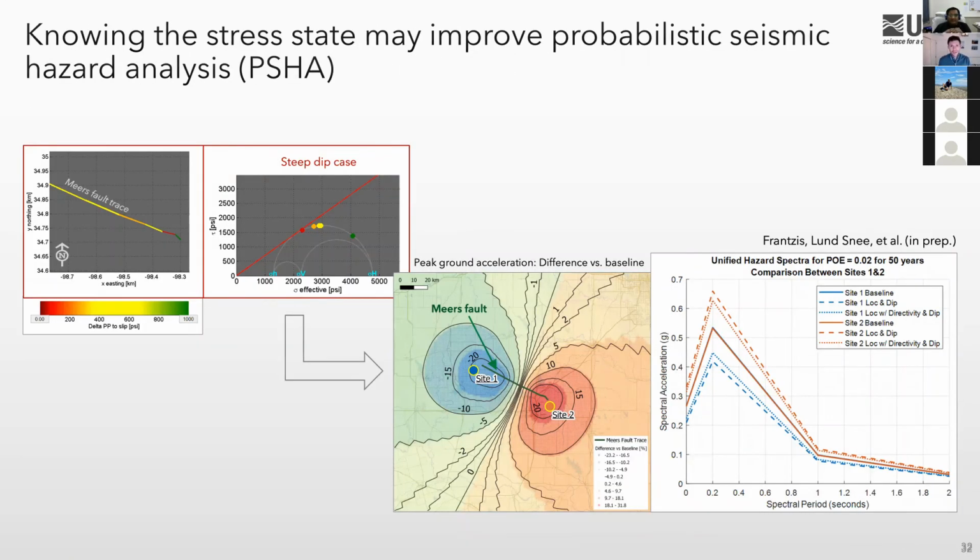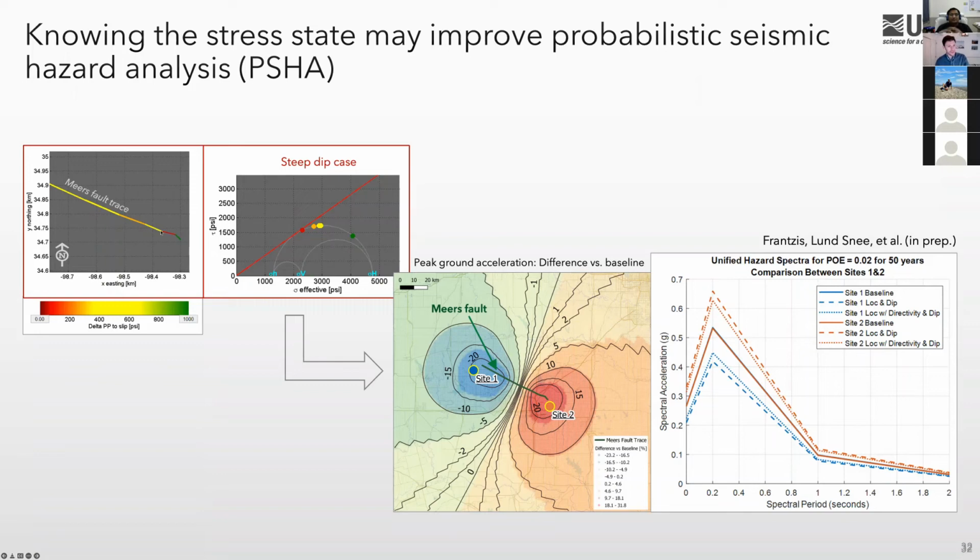The ways that it'll impact PSHA and seismic hazard maps are not yet fully clear, but there are several potential ways that it could. For example, knowing the relative stress magnitudes and the style of faulting will give you an idea of what the focal mechanism might look like for an earthquake in an area, and that'll affect the style of shaking that'll occur.